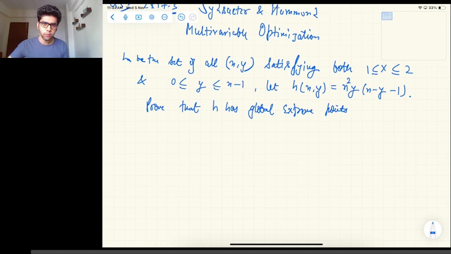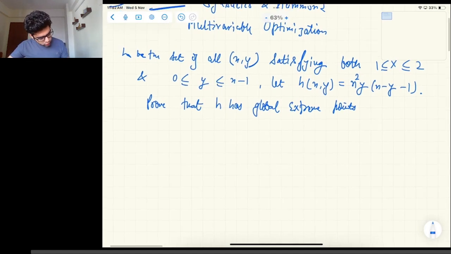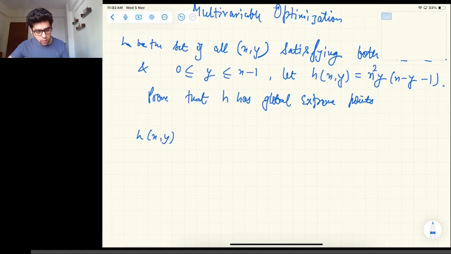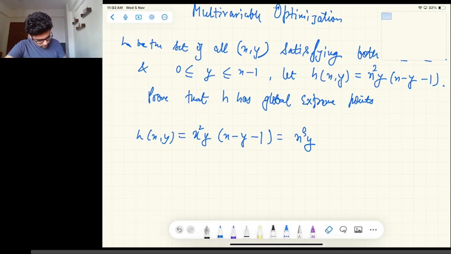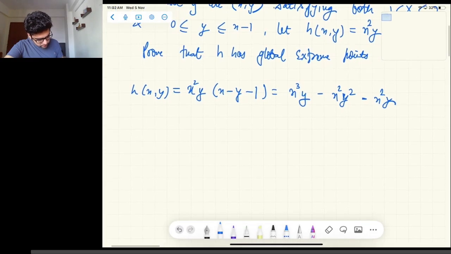Firstly, we'll find the stationary points of the function h. So h(x, y) = x squared y (x minus y minus 1), and I can write this as x cubed y minus x squared y squared minus x squared y.